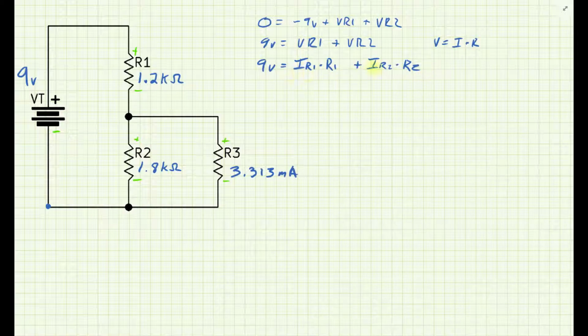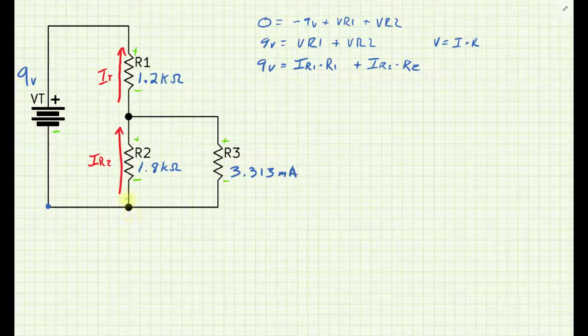Okay, so in the previous analysis, I figured out that this current that goes through R1 was identified to just be the total current. And then this current that goes through R2, well, I labeled it as IR2.